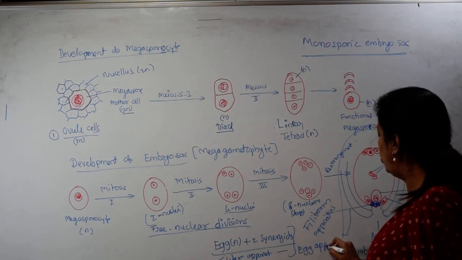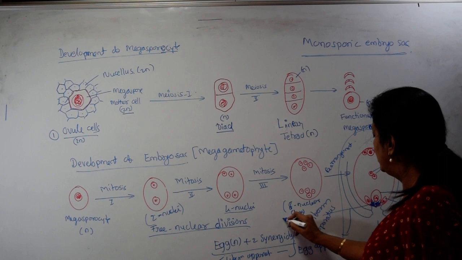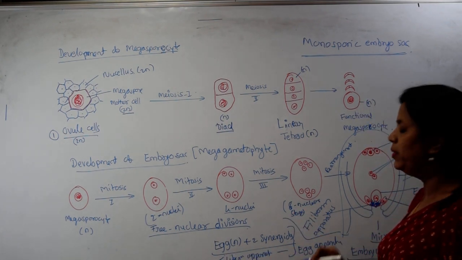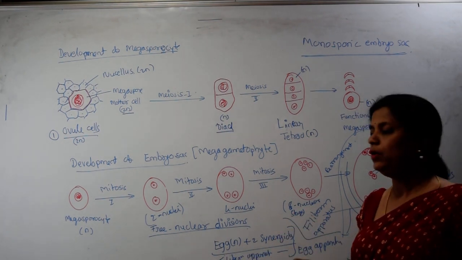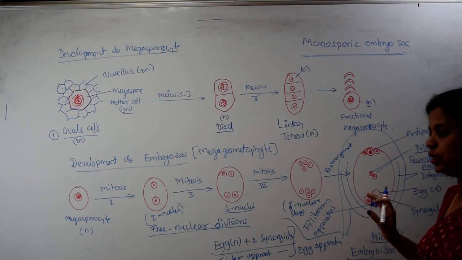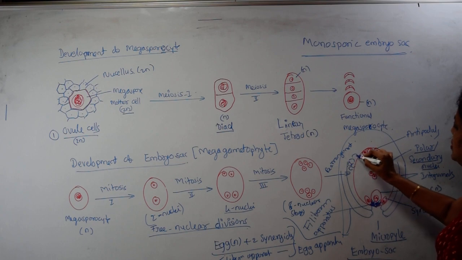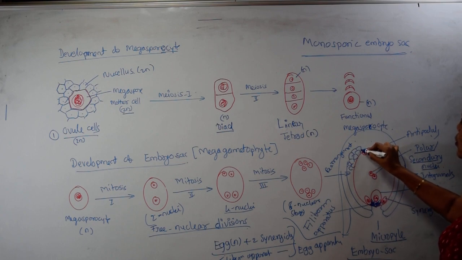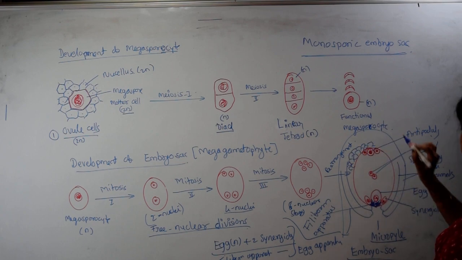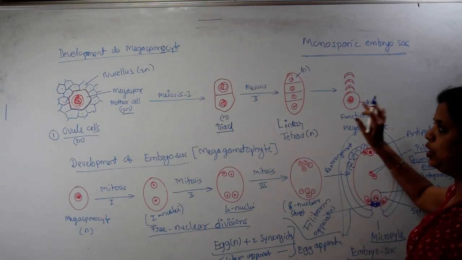Egg apparatus means the whole thing. Right? All these together form the egg apparatus or egg area. Right? This is the functional structure. So the remaining part all over here is the nucellus, which is the nutritive tissue for the growing embryo later. Okay? So this structure is very important.